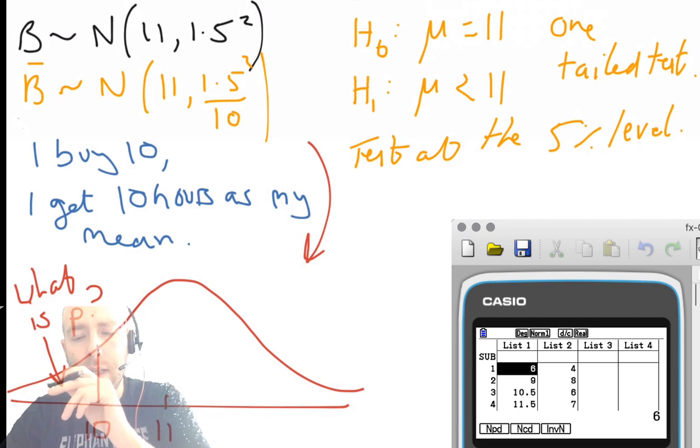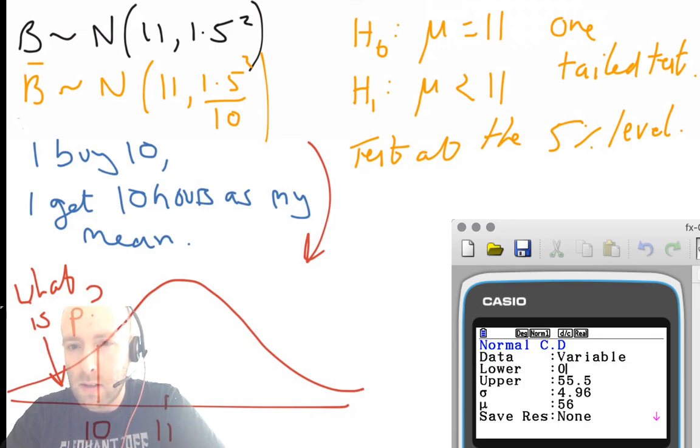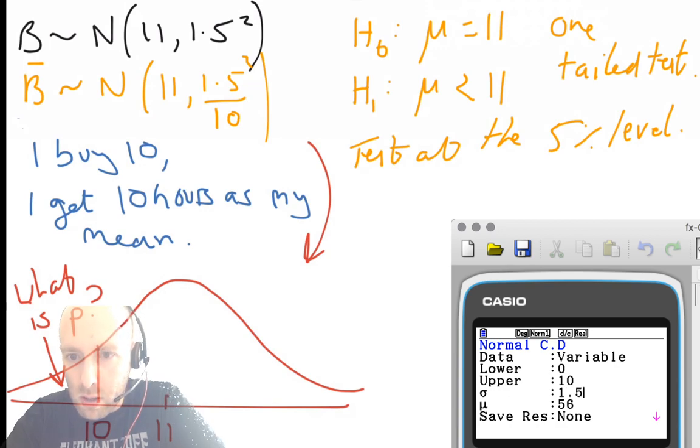So it's a standard NCD question. Lower is going to be 0. Upper is going to be 10. Now sigma we need to be careful with. Sigma isn't 1.5, nor is sigma 1.5 over 10. Sigma is 1.5 over the square root of 10.